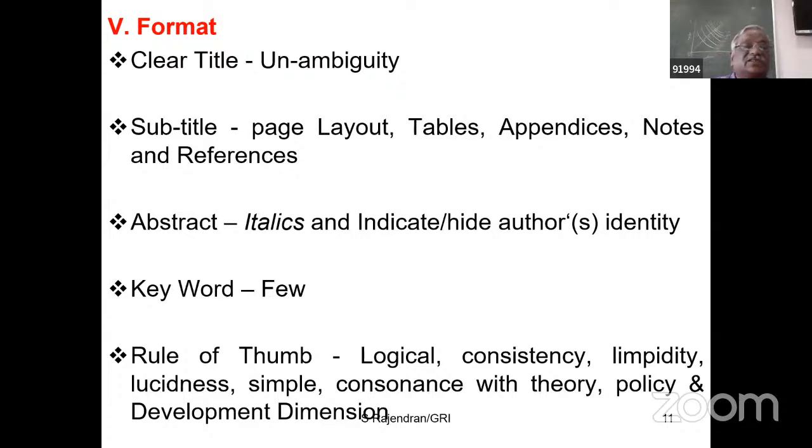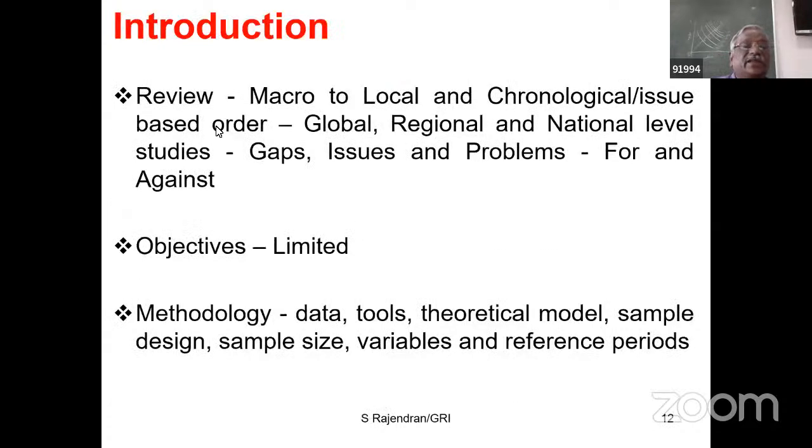Now, having said this about format, let me take you to understand the introduction, and how the argument should be there in the text of your scientific paper. Before getting into the serious discussion, you briefly outline the review where it warranted you to take up a new study. Why your study is relevant, why it is important, why it is the need of the hour at this stage.